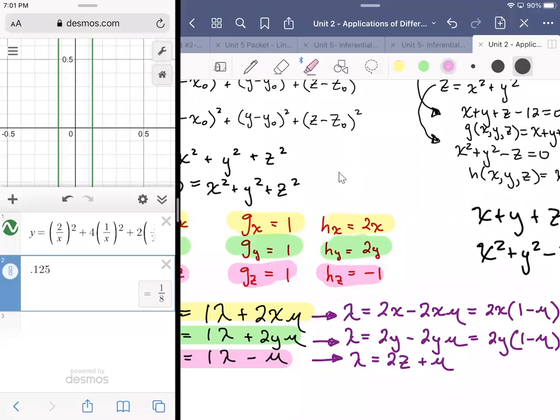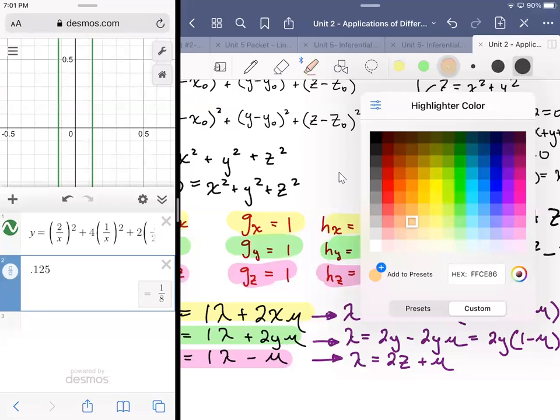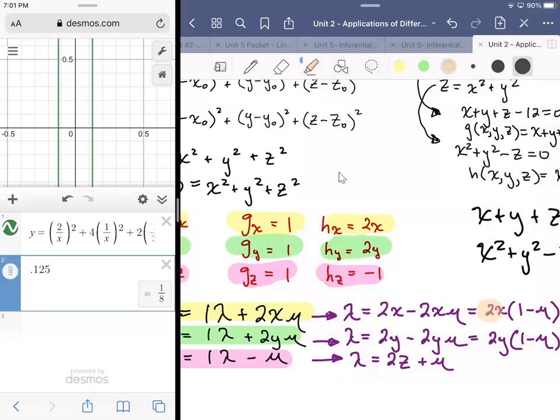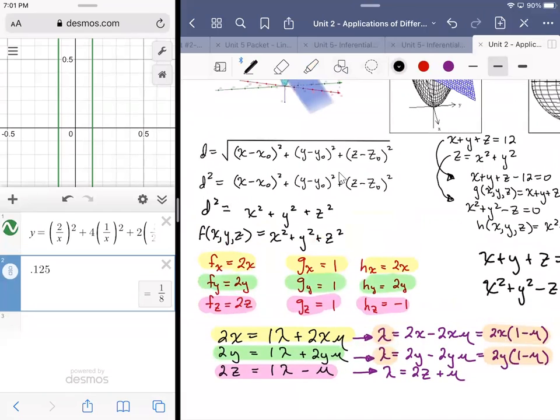Since both of these are equal to lambda, I'm going to get a fresh new color in here. They are therefore equal to each other. So I could say 2x times 1 minus mu would be equal to 2y times 1 minus mu.